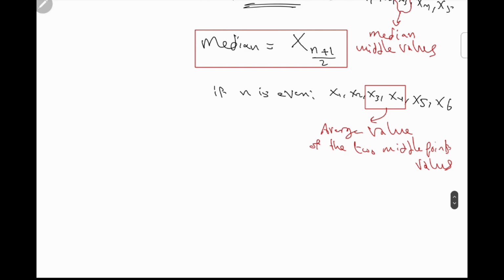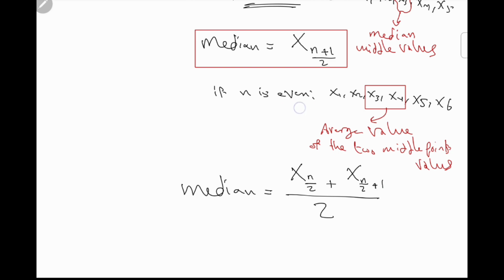So in this case, the median is equal to x sub n/2 plus x sub (n/2 plus 1), divided by 2.